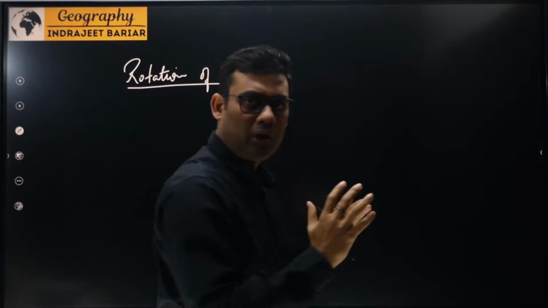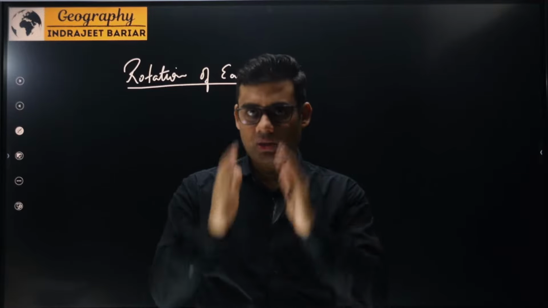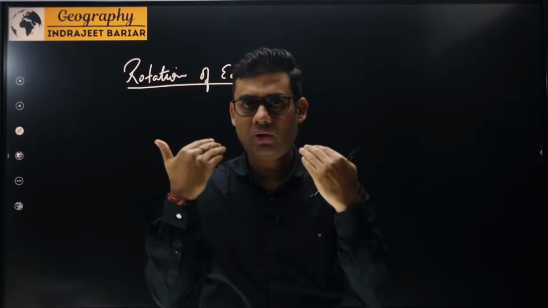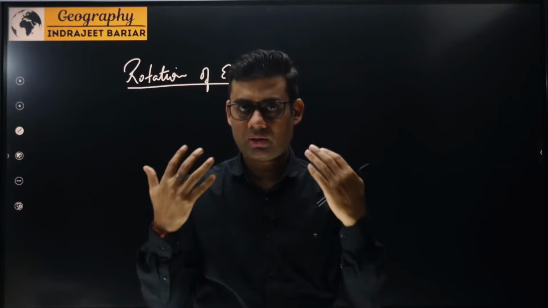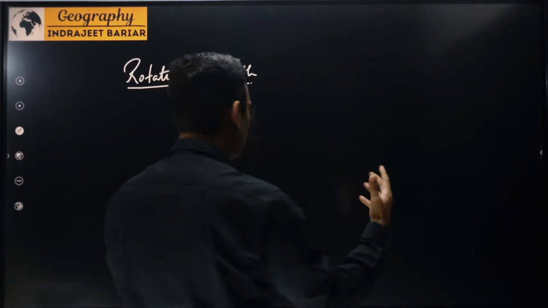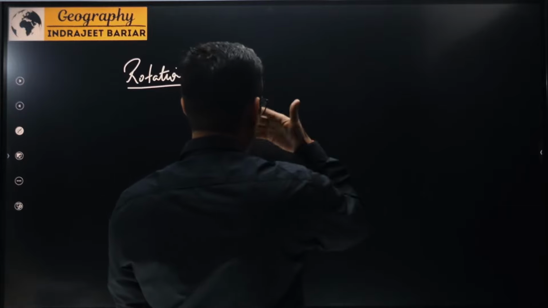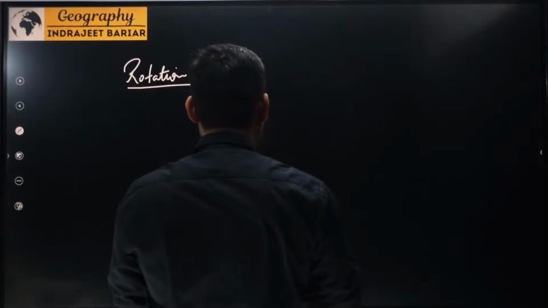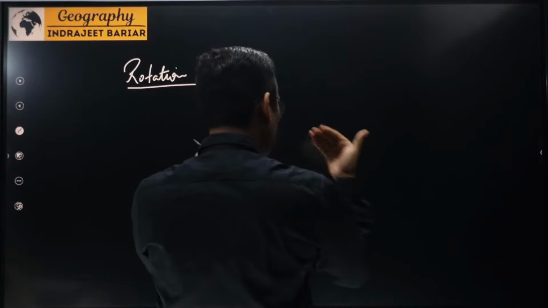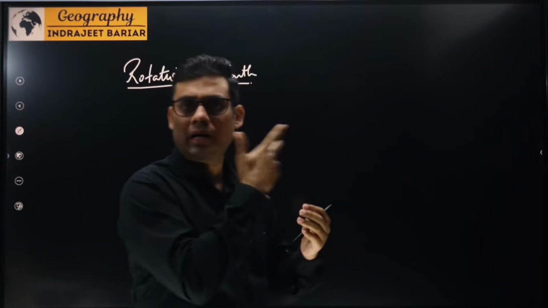If I'm rotating like this, the first thing that is happening is I'm facing the Sun, or sunlight is falling on me. So for this, I have daytime. But as I rotate over here and face this side, now the light is not falling on my face, and I am in the darker side, and that's where night occurs.